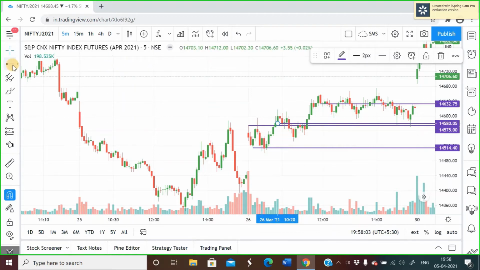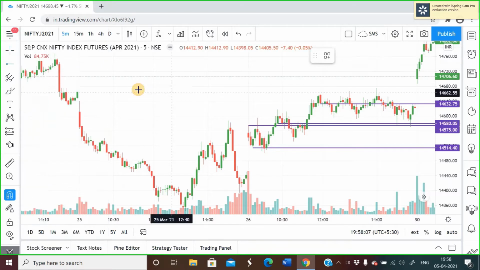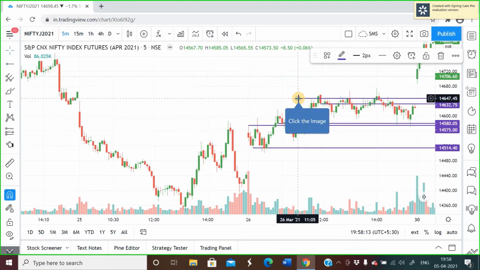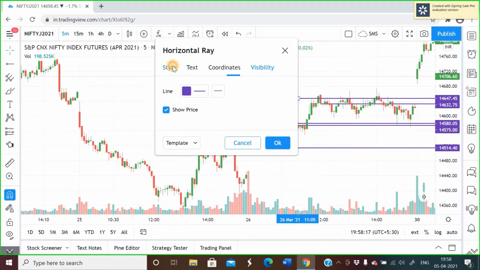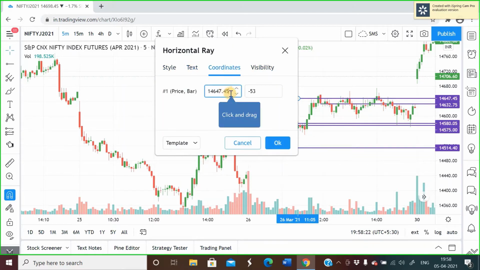So let me just mark it for my reference. 14,640 is my target. Let me mark this very clearly so that everybody can understand. We entered at 14,580, so I'm putting 14,640 as my target.